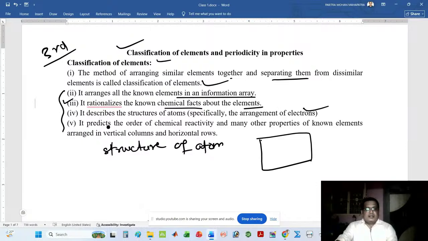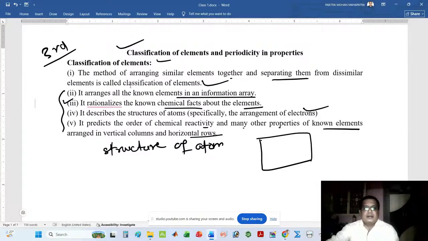Next benefit is it predicts the order of chemical reactivity and many other properties of known elements arranged in vertical columns and horizontal rows. When you see the different periodic tables, you will easily feel these are the benefits of the classification of elements.